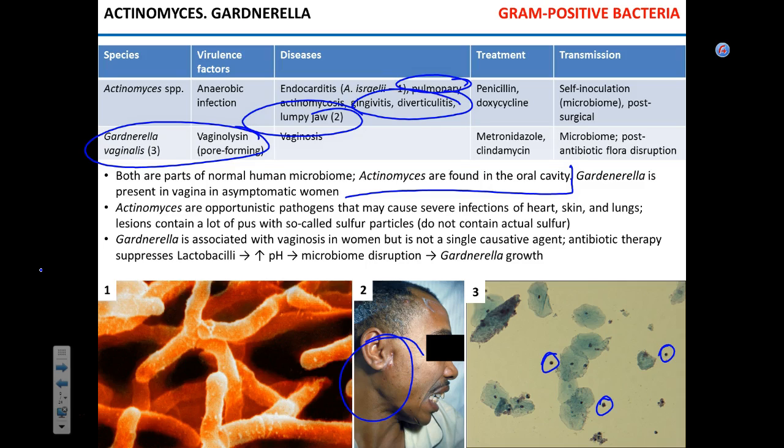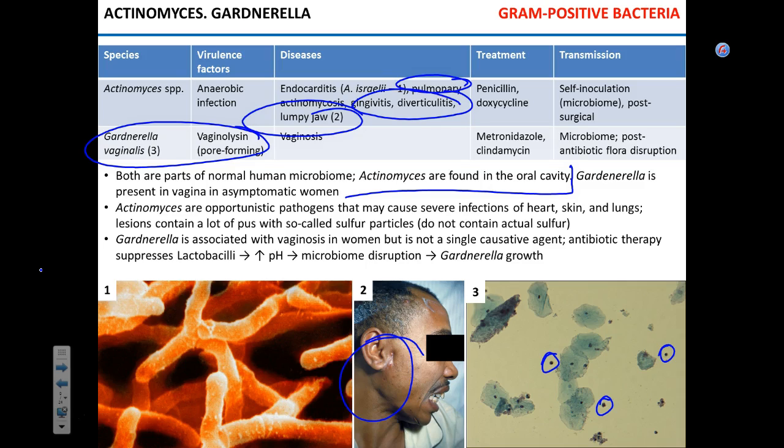I specifically say here that it's associated with vaginosis because it is still not completely settled if Gardnerella is the causative agent of vaginosis, or it is associated with, how should I say it, disturbances in the vaginal flora and serves as a sort of predictor for the future disease. Does that make sense? Do you understand what I mean?